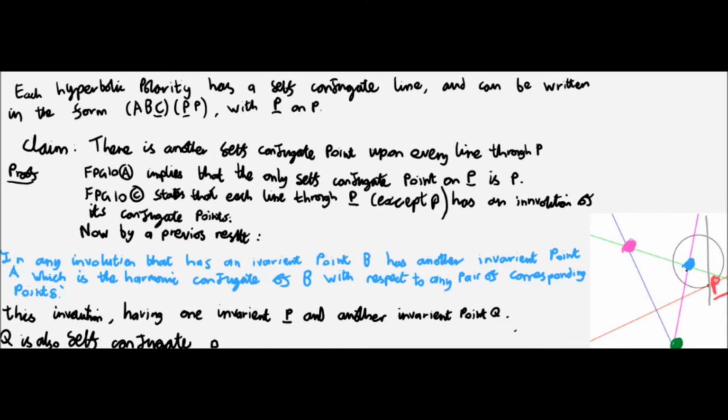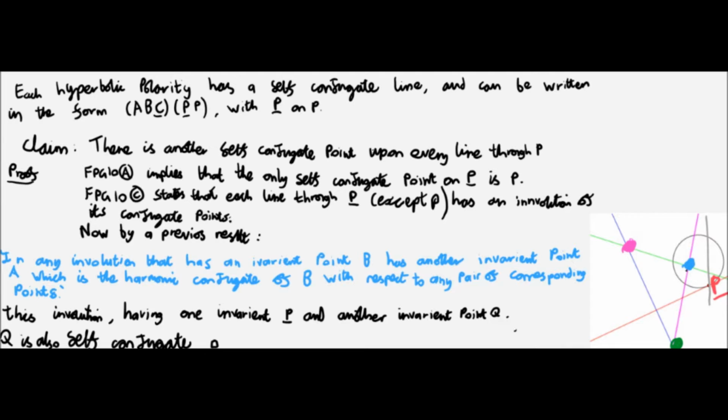And it turns out that these polars of one another are basically swapped around by involutions. So we get these involutions occurring as a consequence of the polarities. Now, as we've already said, P is an invariant point on this line.